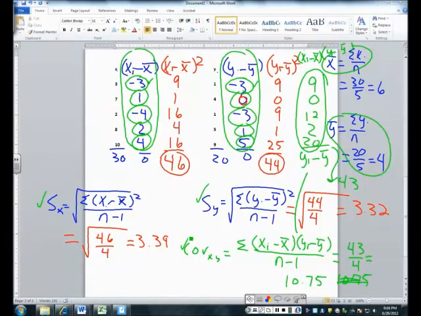So to take care of that, we compute the correlation coefficient, r, and it's simply equal to the covariance of xy divided by the product of the two standard deviations.